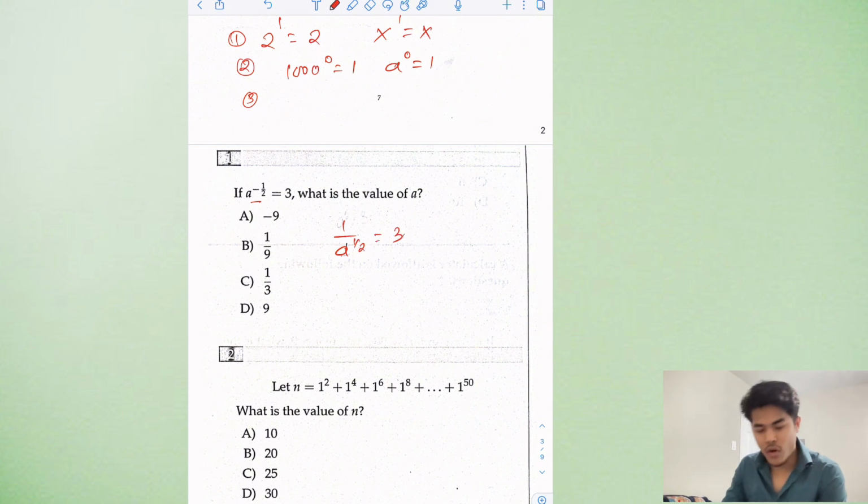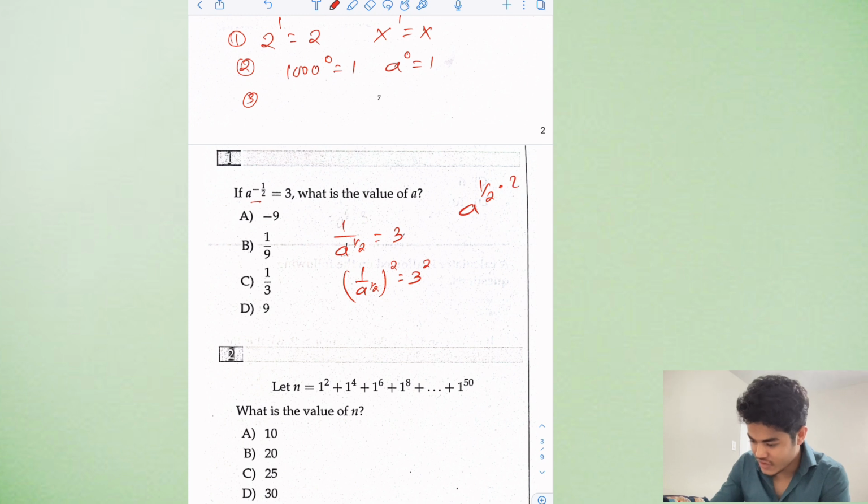And we can take a square on both sides, 1 over a. And as we know, a raised to 1 over 2 multiplied by 2 cancels out, and we're just left with a. So in this case, it's 1 over a. 3 squared is 9, so we get a equal to 1 over 9. So answer B is our right answer.